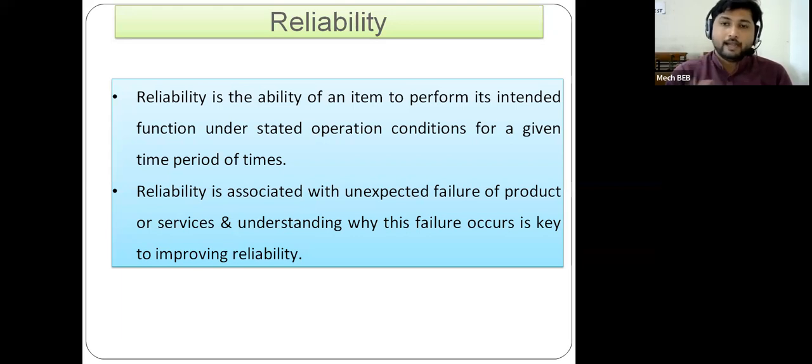To find out this reliability factor, various tests are conducted. Reliability also copes with the safety factor, how safe that particular product is. So with safety, reliability comes into the picture.